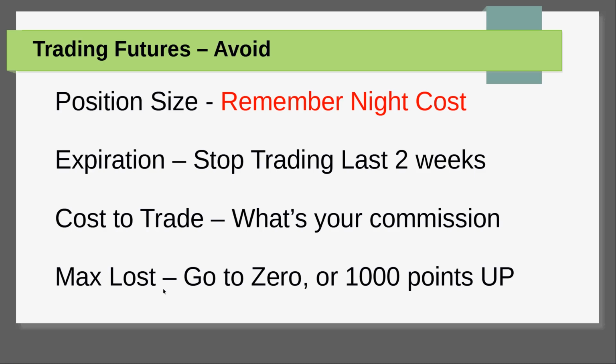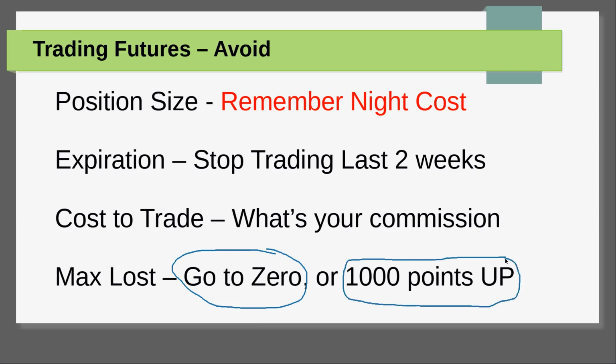The other thing for a lot of traders to be aware of: you don't expect the market to go to zero. I can't say never. What is your maximum loss if this thing goes to zero? You don't expect the market to jump up 1,000 points within a day, or within a week, or while you have that contract on.